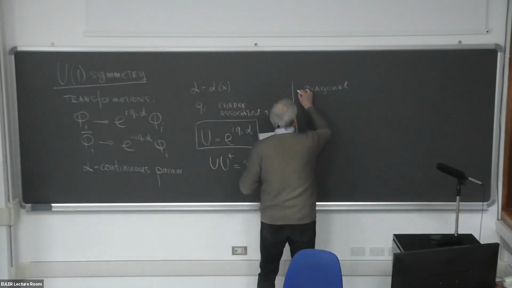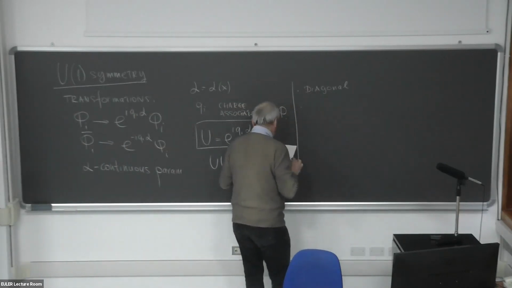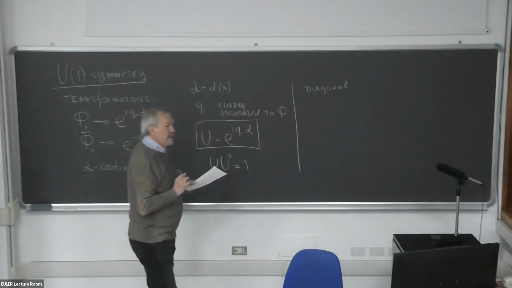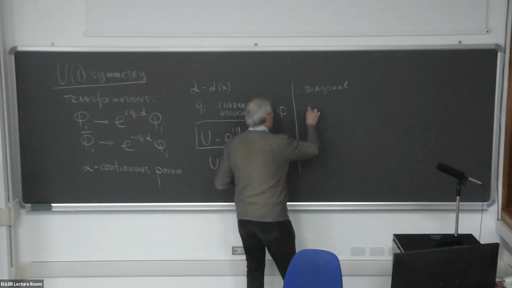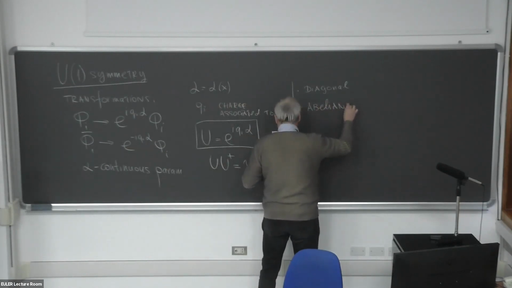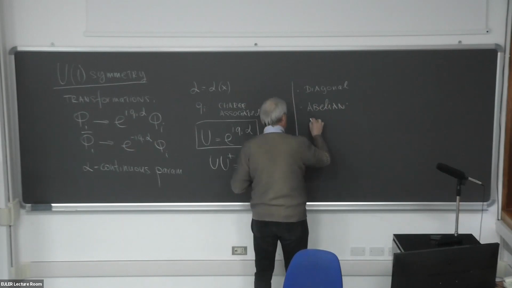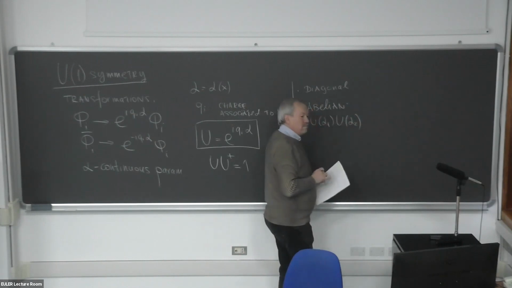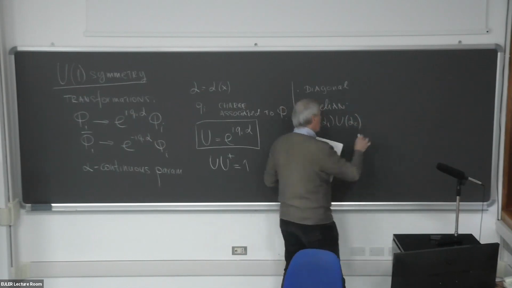So another property of the symmetry is that this is an abelian symmetry, which means that if you have transformation U(α_1) by angle 1 and U(α_2), they can be permuted.